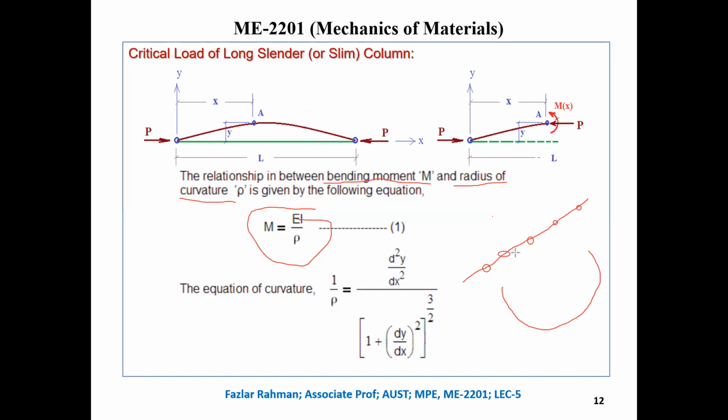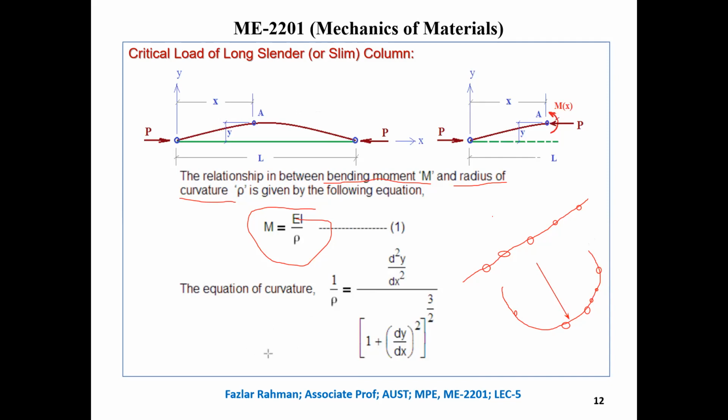Yes, sir. In a curve, the value of dy by dx will change. That means at every point, the dy by dx value is not constant. You also see that the variation of slope of a curve depends on the radius of curvature.